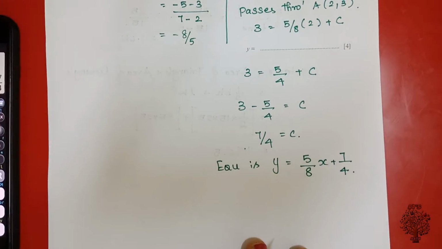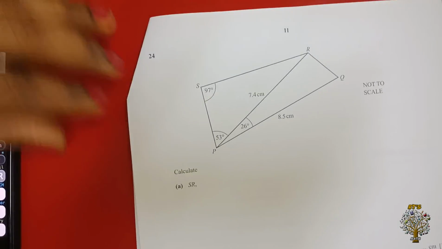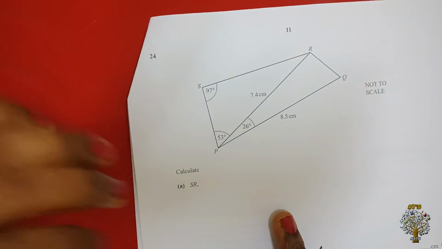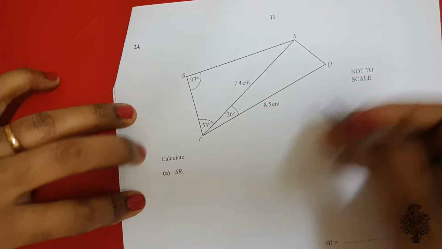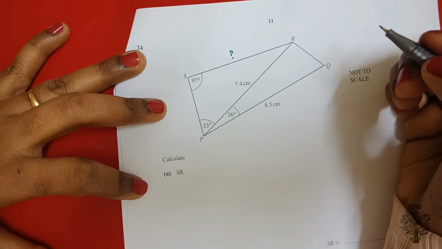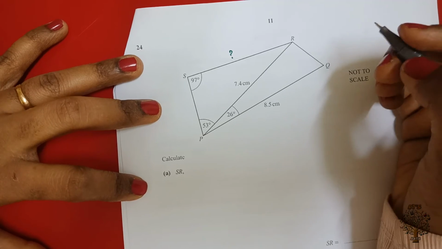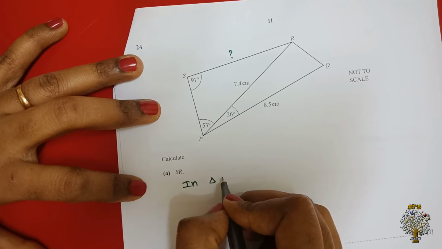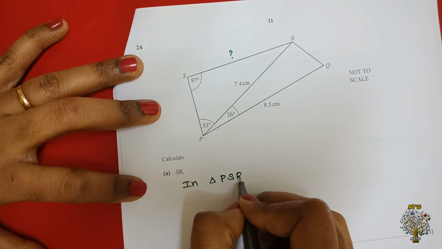Okay, it's a lengthy problem. It's a 4-mark question. Now the next question, the 24th question, we have a diagram here. Calculate SR. First look at SR. We will be using trigonometric formulas here. I'm taking triangle PSR.